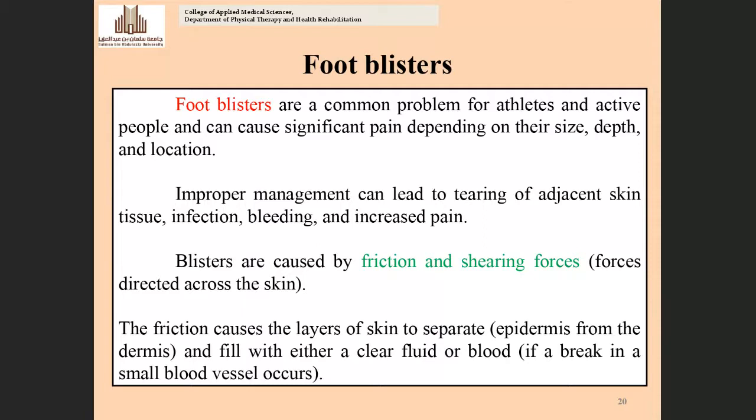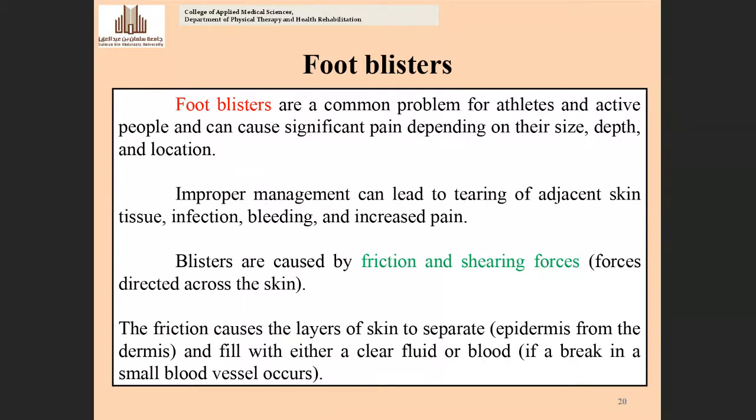So what are the causes? As a physical therapist, you should know the causes, because we have many roles in this region. It is caused by friction and shearing forces. The friction causes the layers of the skin to separate. The skin has two layers, the epidermis and the dermis.